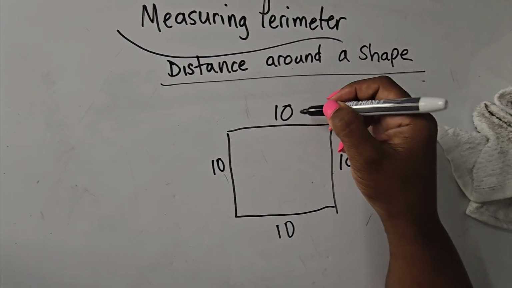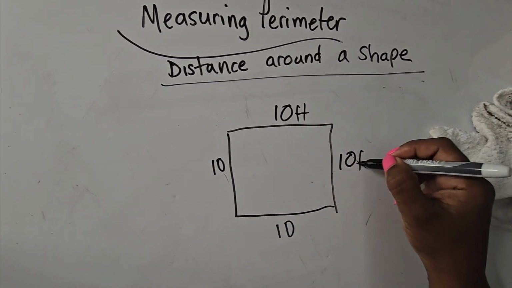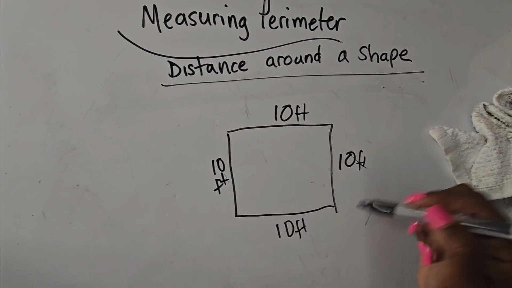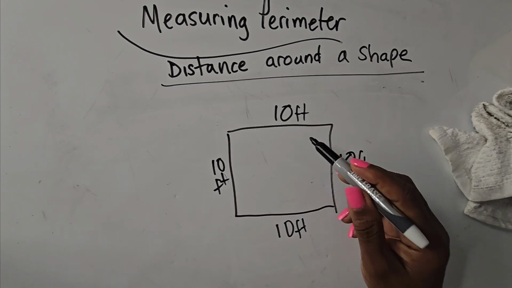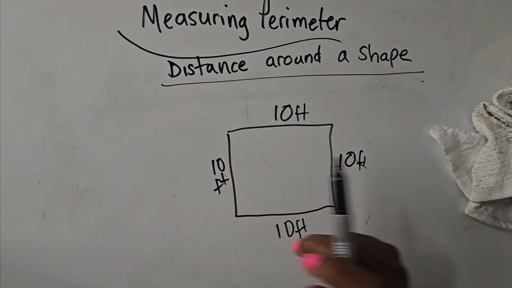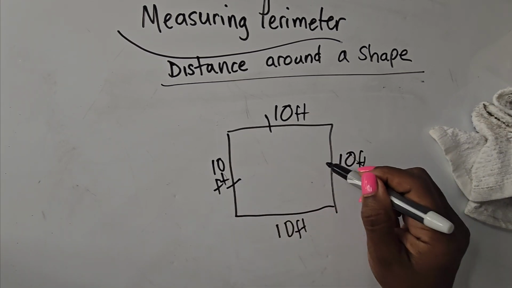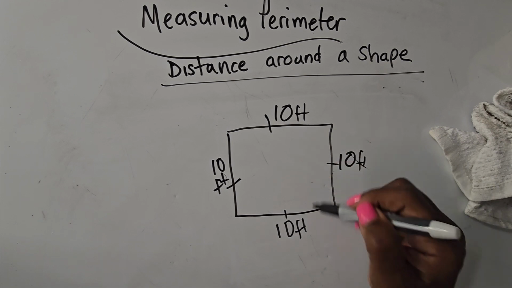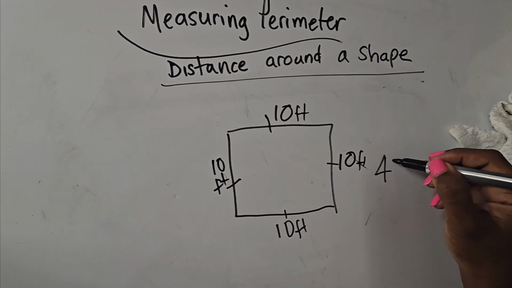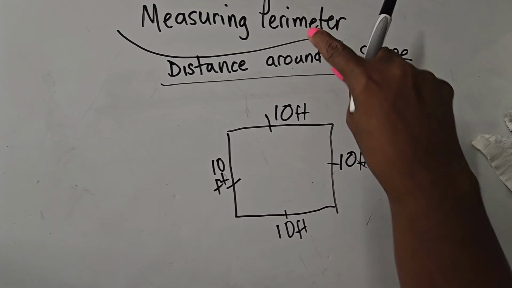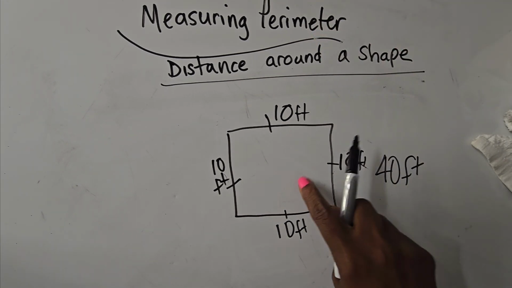So this would have been feet, feet, feet, feet. So this one is a pretty easy one. We didn't have to do much. 10, 10, 10, 10. Because remember, to be a square, all the sides are equal. So this would be 40 feet. That is the perimeter of the shape.